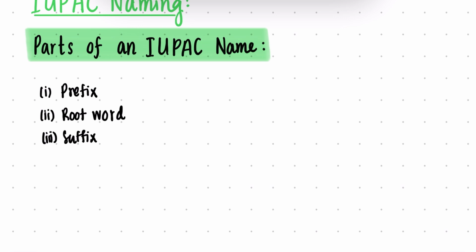Now, the prefix usually tells us about the substituent or branch. In these we could have examples like, if this is our substituent, we would have chloro.